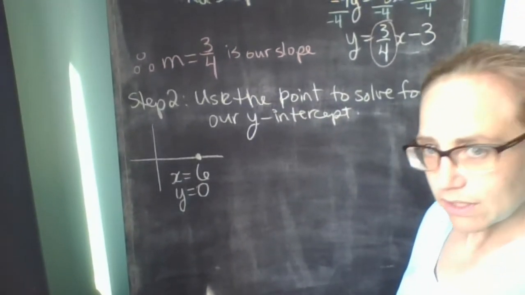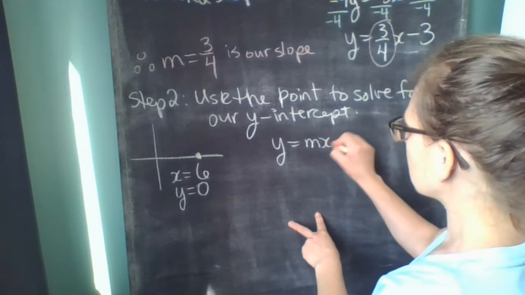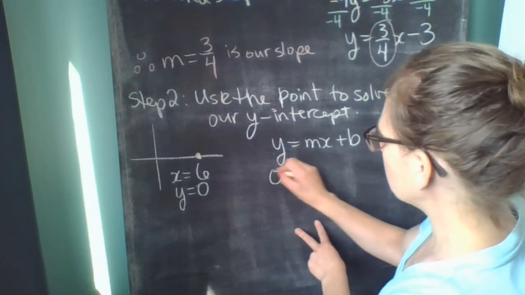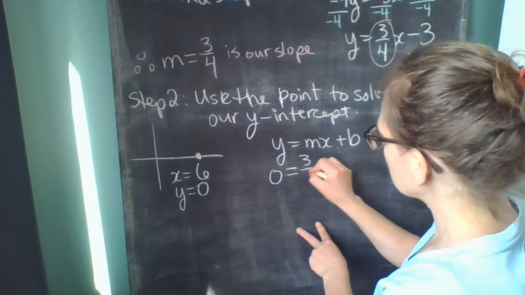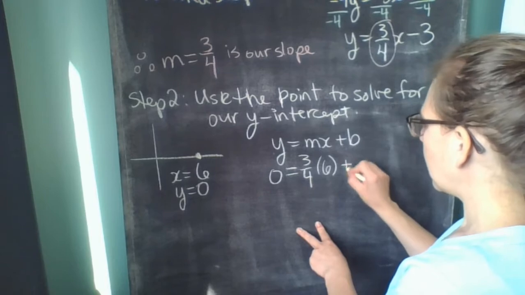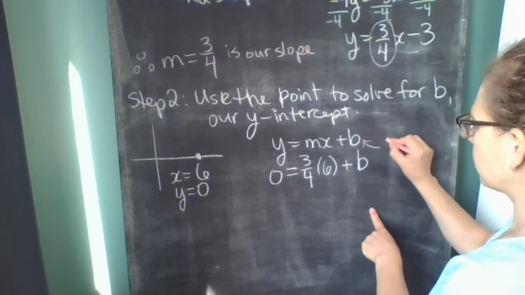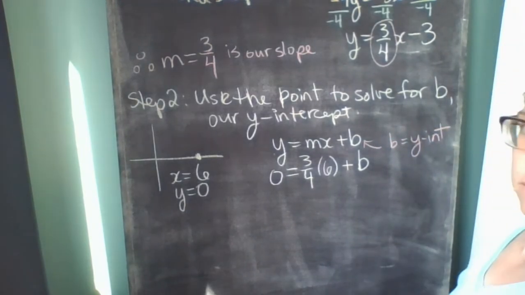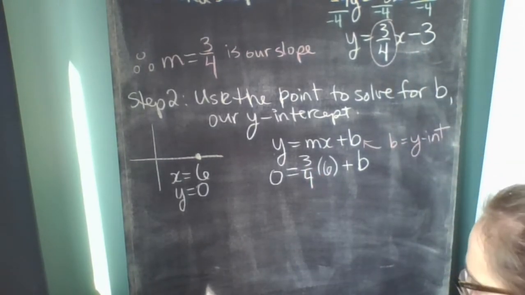And once we have our point, we put it into our y equals mx plus b. So our y value is 0. Our m value is our 3/4. Our x value is 6. And I need to solve for b. And remember, b is our y-intercept, right? And that's what we're solving for. So let's simplify here.